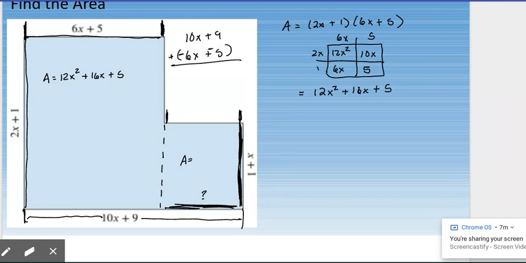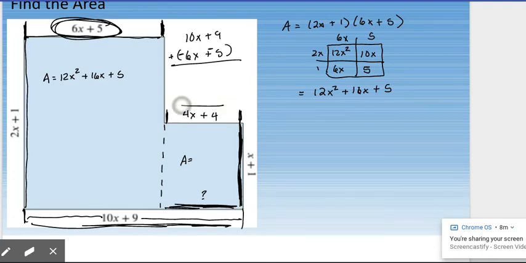And then when I take those away, I am left with 4x plus 4. So this missing side that I needed is 4x plus 4. Again, I took this long side and I subtracted away this small piece of it, what I knew, and that gives me what is left.